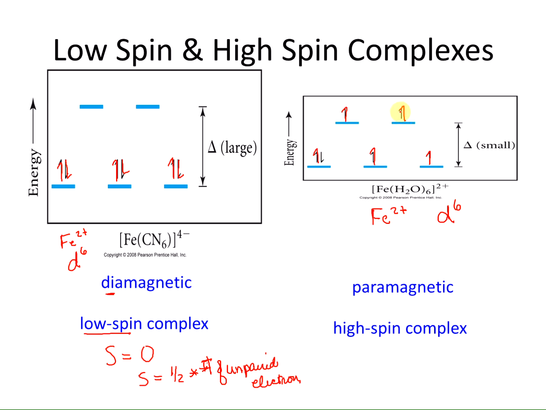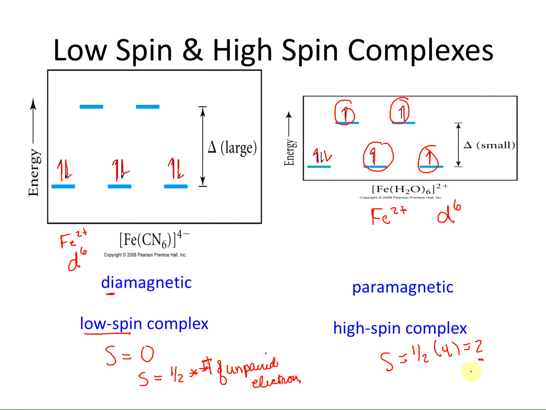Now I've still got one more to put in, so I'm going to go back and fill in my other ones completely. So this is what we call a high spin complex, because if I count the number of unpaired electrons, I have 1, 2, 3, 4. So my spin value is 1/2 times 4, so the spin value is 2. So compared to the S equals 0, this is a high spin value because the number is higher.